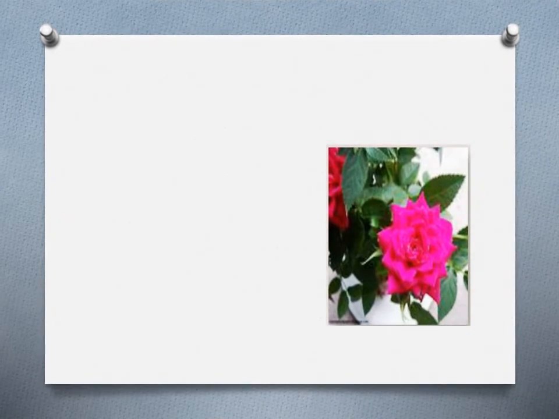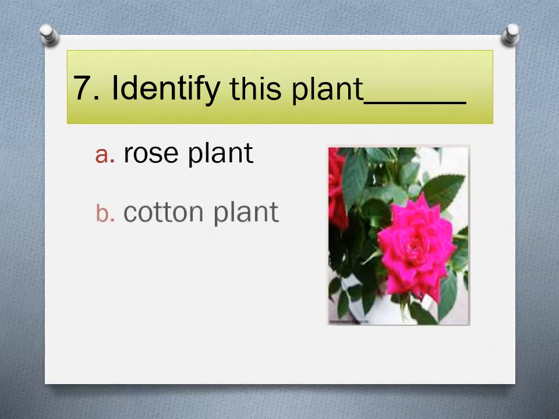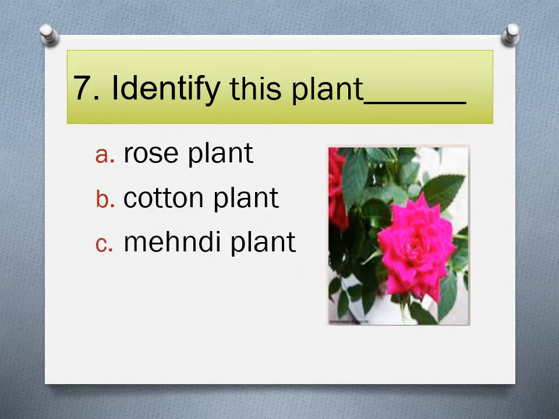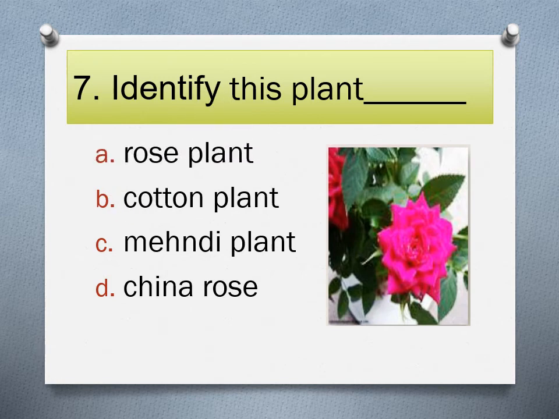Question number 7. Identify this plant. A, rose plant. B, cotton plant. C, mehndi plant. D, china rose. Children, can you see the picture and tell me which plant it is? Yes, it is rose plant.